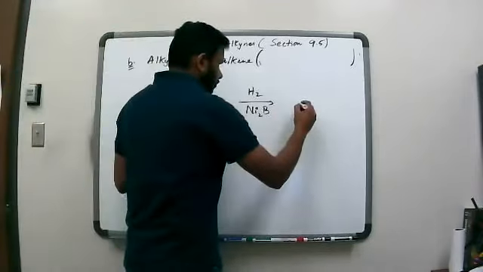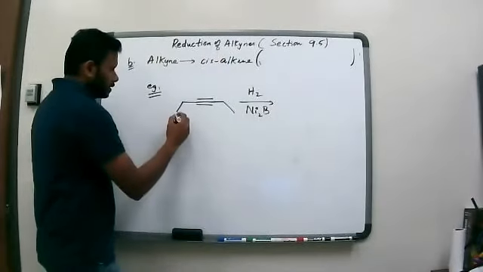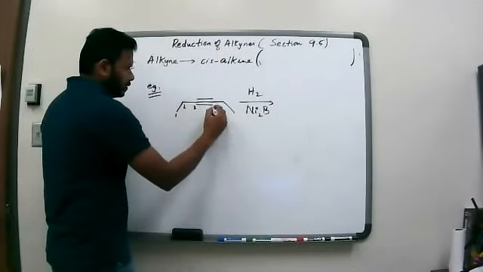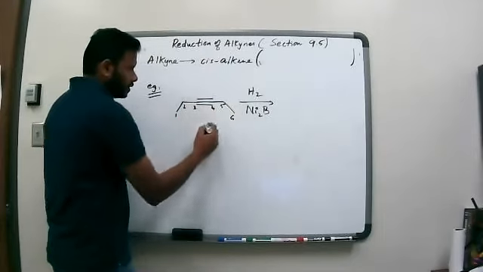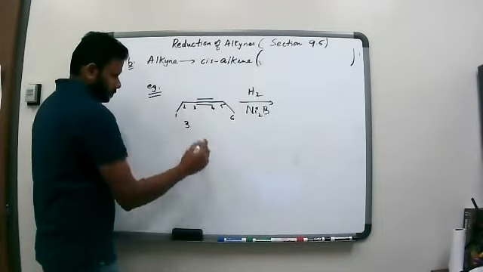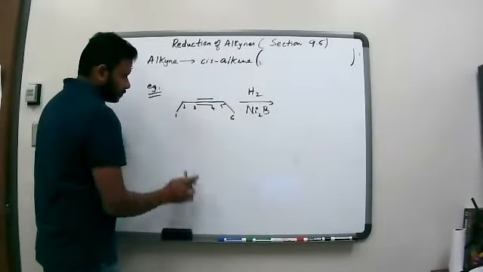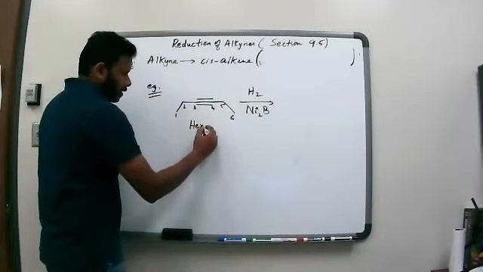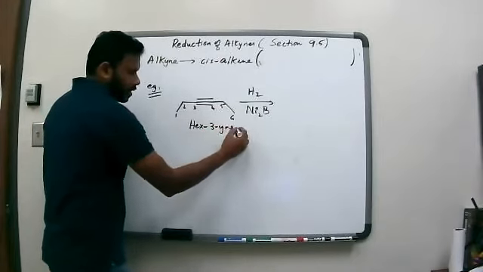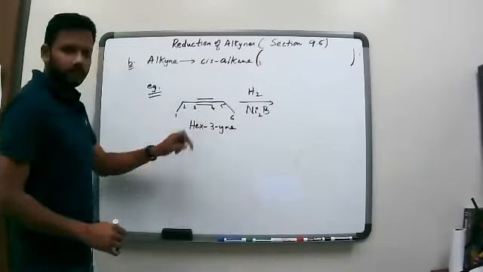So this is 1, 2, 3, 4, 5, 6. So this is basically hex-3-yne. That's where the triple bond is.